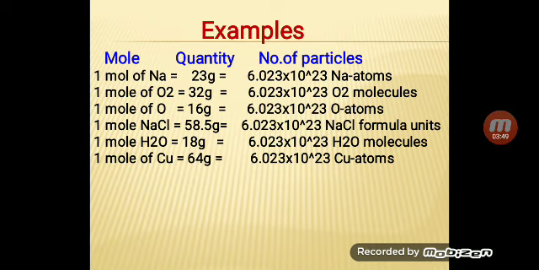There are some examples of 1 mole as quantitative and counting unit. 1 mole of sodium is equal to 23 gram, which is equal to 6.023 × 10^23 sodium atoms. 1 mole of water is equal to 18 gram, which contains 6.023 × 10^23 H2O molecules. 1 mole of oxygen molecules is equal to 32 gram of oxygen, which contains 6.023 × 10^23 oxygen molecules, while 1 mole of oxygen atoms is equal to 16 gram of oxygen atoms, which is equal to 6.023 × 10^23 oxygen atoms.